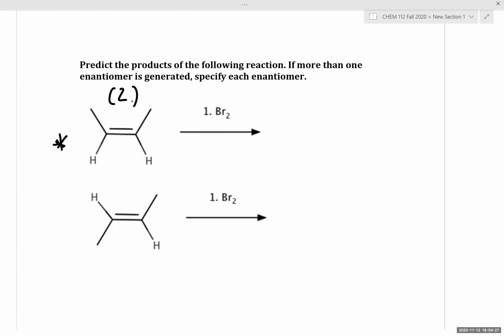Thankfully, the hydrogens are both on the same side, so the camera can't do anything too funny. Okay, so we're almost there.